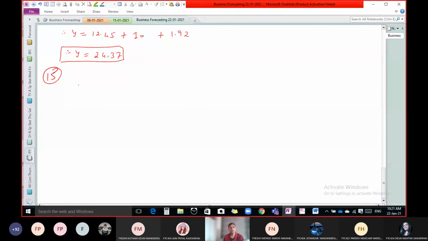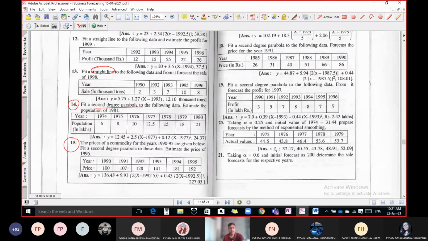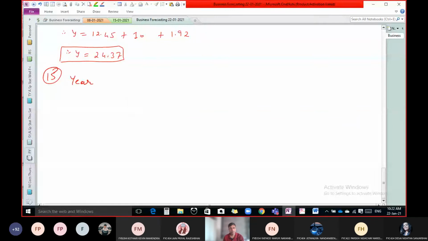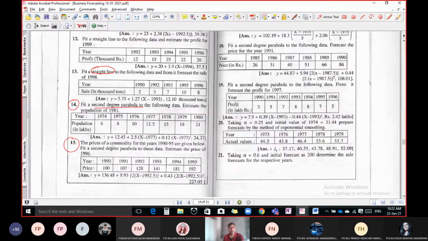Let us prepare table. So here year is given 1990, 91, 92, 93, 94 and 95, and price is given for a certain commodity.